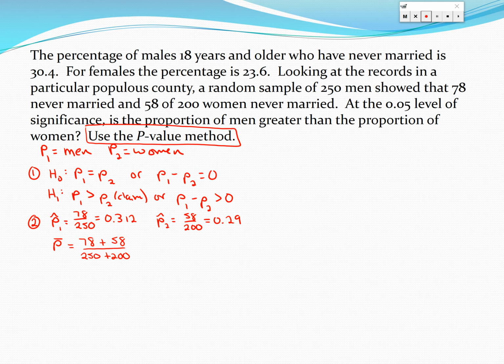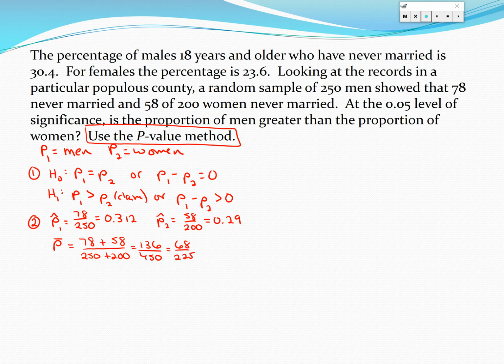So if we add those together, we want to do a nice simplified fraction if we can. The numerator starts off as 136 out of 450. It ends up being a repeating decimal, so the best we can do is just simplify our fraction.